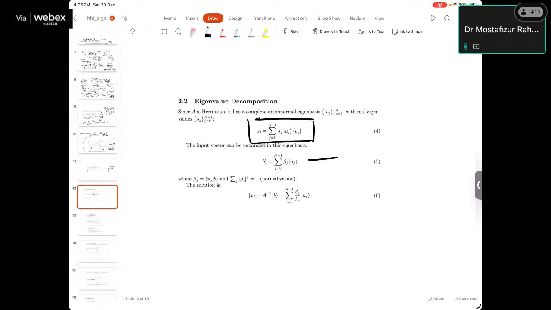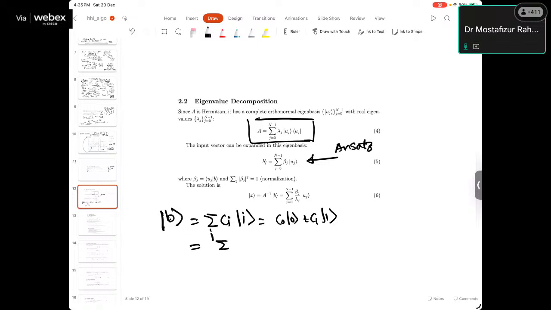And there is a good educated guess of the state B, that was our observation vector. Any quantum state you can always represent in the computational basis, for example, sum of c_i ket i over i, so it can be c0 ket 0 plus c1 ket 1. You can also write this in the eigenbasis of the actual matrix, say sum of d_i and e_i, because of the superposition principle.